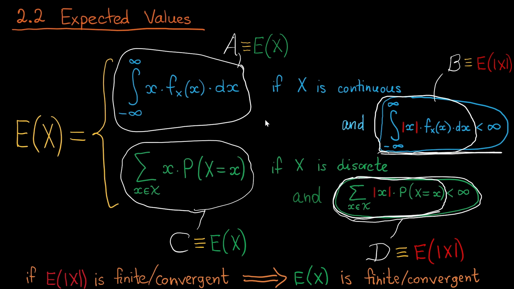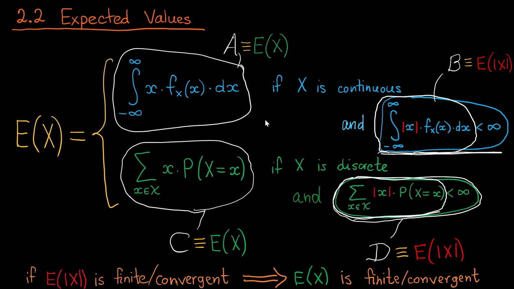And those conditions are also stronger in the sense that I've outlined here at the bottom, where I'm saying that if the expected value of the absolute value of x is finite or convergent, then the expected value of x is guaranteed to be finite or convergent. But it doesn't work the other way around.